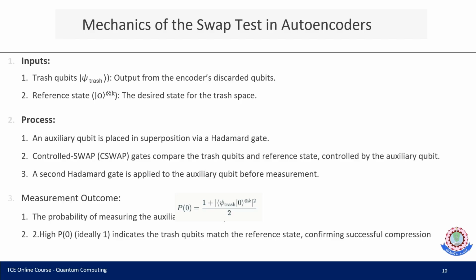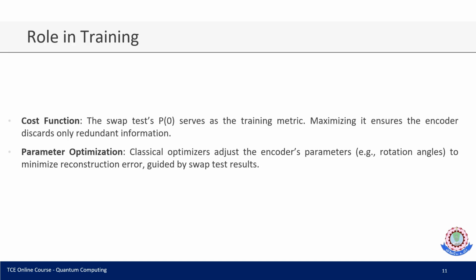The measurement outcome is the probability of measuring the auxiliary qubit as 0, P of 0, which is equal to 1 plus the square of the overlap of bra psi trash with ket 0 tensor product k times, divided by 2. A high value of P of 0, ideally 1, indicates that the trash qubits match the reference state, confirming successful compression.